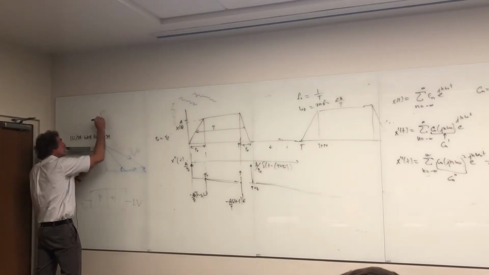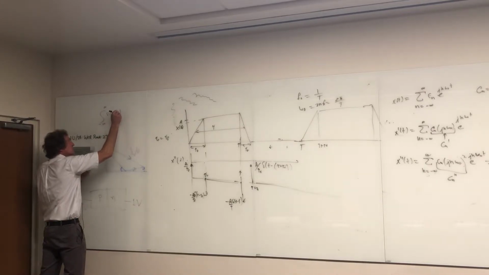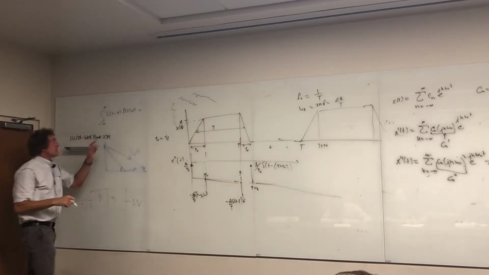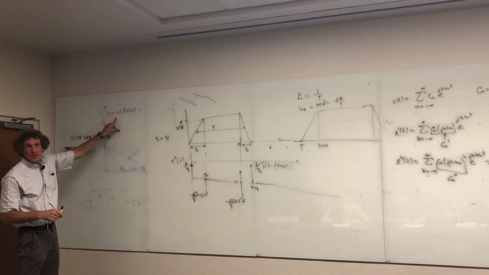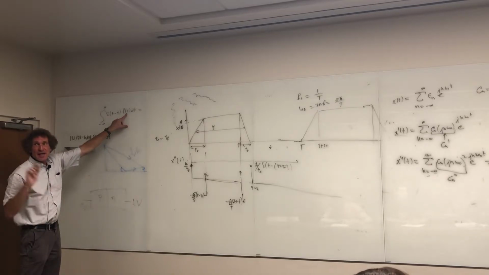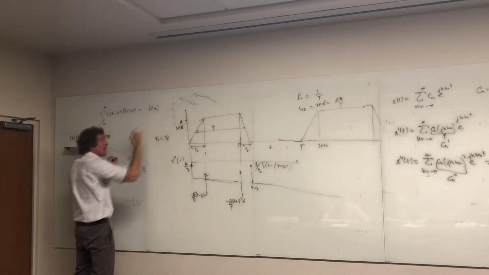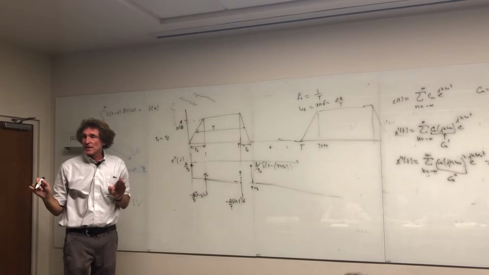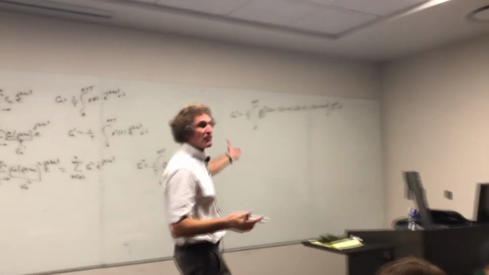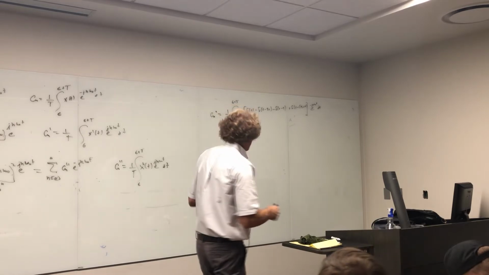So if I have an integral from minus infinity to infinity of delta of t minus tau times some f of t dt, well, that delta function turns on at tau, and that means it simply extracts the value of f of t at tau. So you get f of tau. That's the big deal about this, because now I really don't do integrations. I just look where they turn on and evaluate whatever is multiplying the delta function.